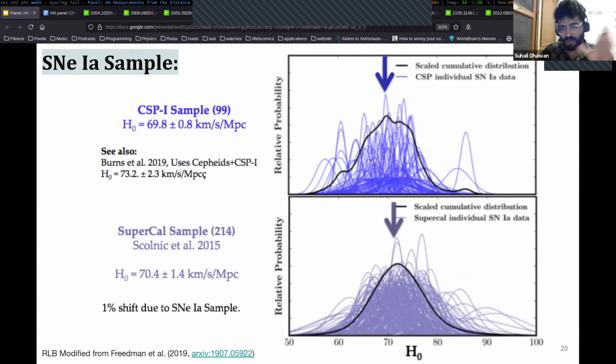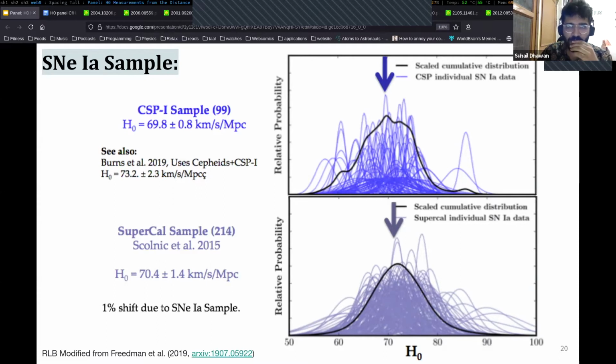And the TRGBs also populate both old and young environments. So in this case, we can see that the impact of environmental dependence of the Hubble residuals is probably not that high. It's nice to see that level of agreement when we're looking at something that's targeted versus something that's a search and follow up on the same system.